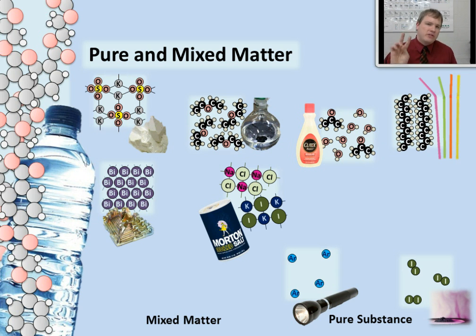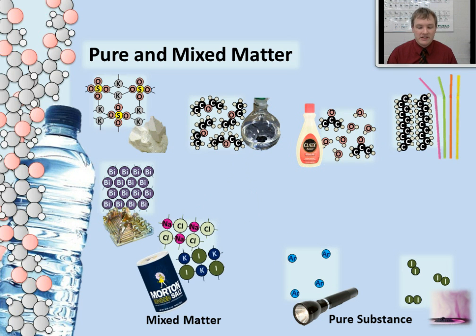Because there are two different kinds of building block in this substance, the sodium chloride crystal and the potassium iodide crystal, this is mixed matter. It's more than one type of building block, and they're not bonded together as one repeating unit. They're separate units.